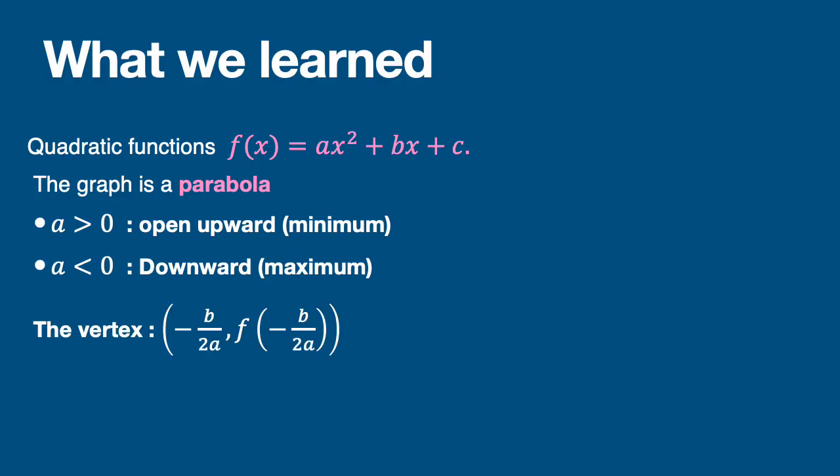Also, how do we find the vertex? Negative b over 2a. For the y value of the vertex, you plug in the x value of the vertex. Then the axis of symmetry is gonna be x equals negative b over 2a. That's what we studied this session.